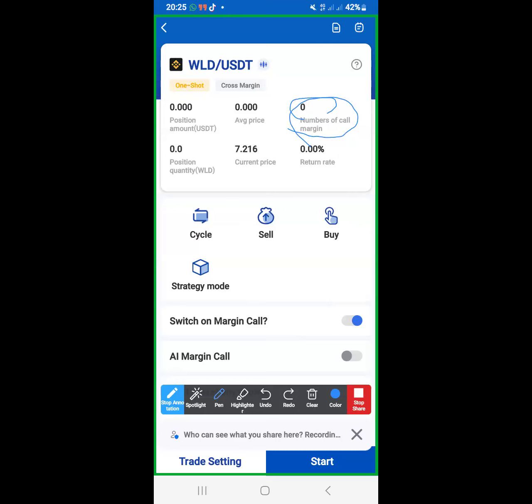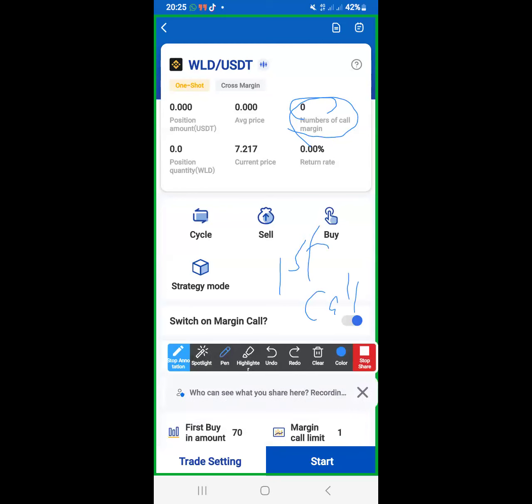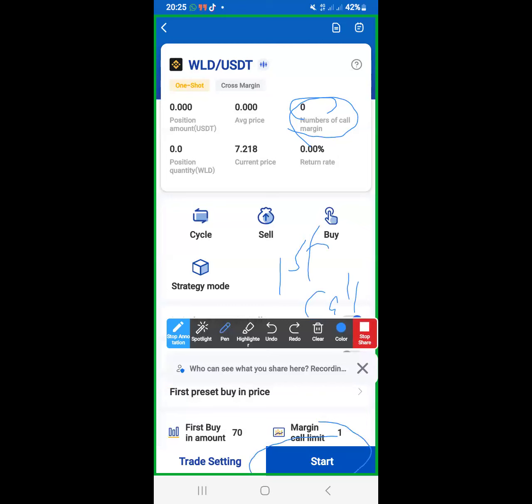All right? The robot starts counting the number of call margin when it buys the first call. That initial entry, that amount which upon starting your robot the robot picks to put on that particular coin, is not part of the number of call margin.